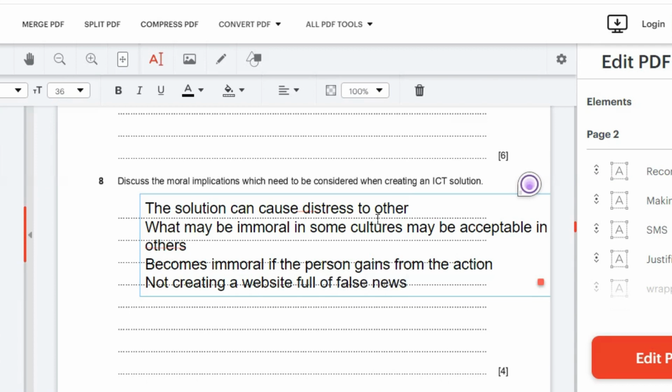That is, you don't create a solution or an ICT solution that is full of false news.